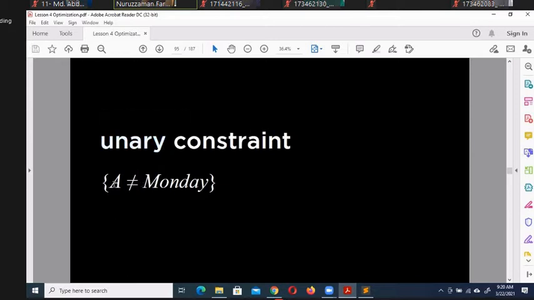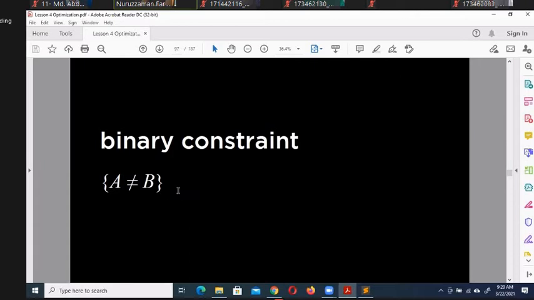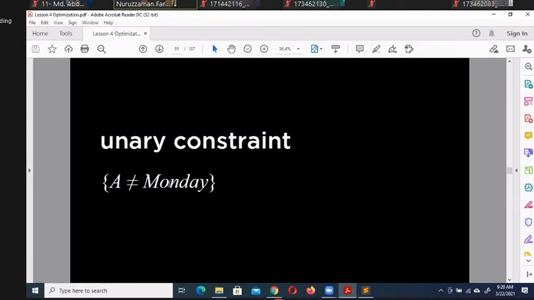Unary means there will be only one variable. Opposite to unary is binary. What is binary? We will have two variables. That means A cannot be equal to B, B cannot be equal to A. A and B are two variables. That's why it is a binary constraint. If we have only one variable, that is A, then it is a unary constraint.